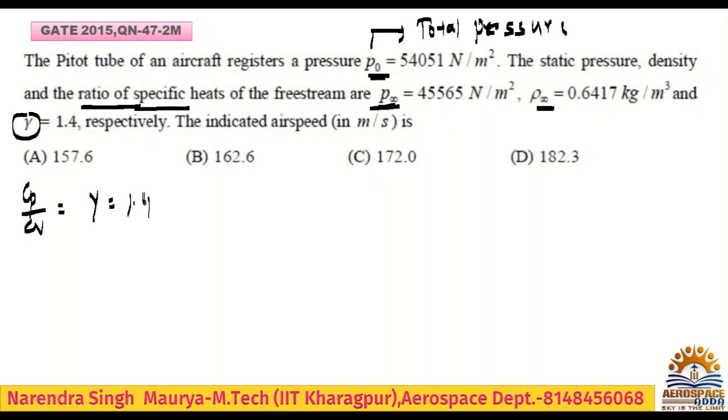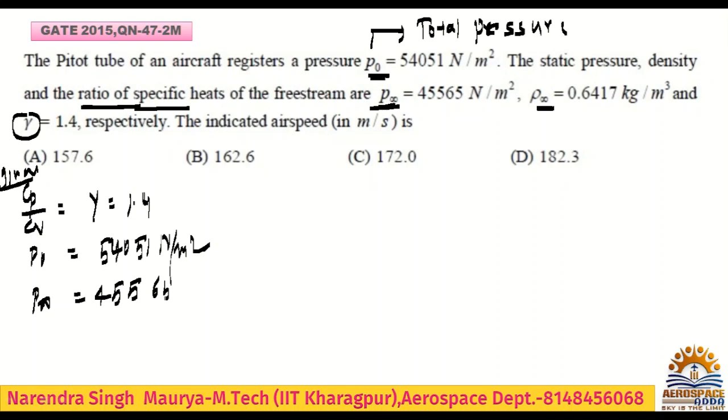Given data: P naught is 54051 Newton per meter square. Static pressure, denoted by P infinity, is 45565 Newton per meter square.